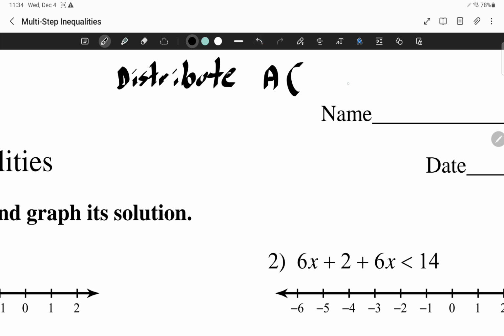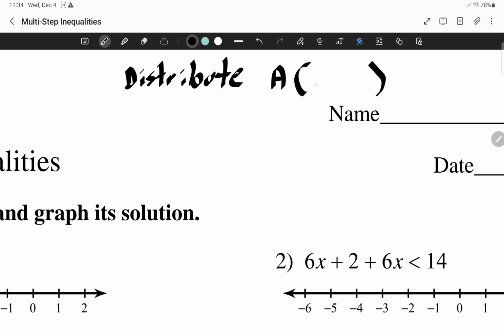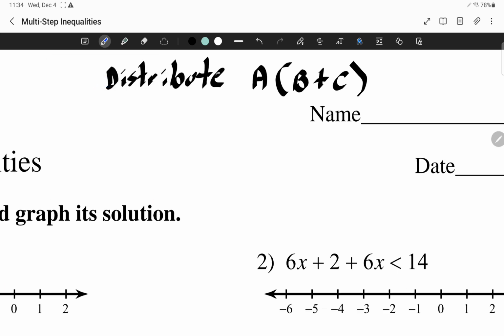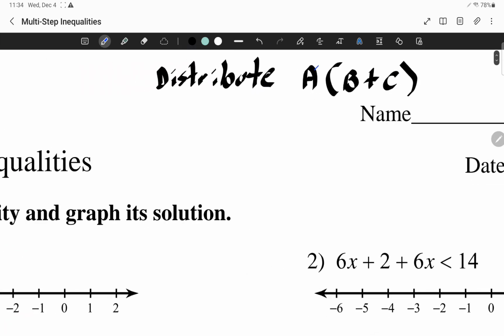You're going to have a number outside, and then two things on the inside, B plus C. What you need to do with this type of problem is grab the one on the outside, and it's going to multiply there and also there. That's distribute. That's where a lot of people get stuck. They don't know what to do. Whenever you have parentheses, you just have to multiply whatever is outside to whatever is inside. Literally, that's so simple.